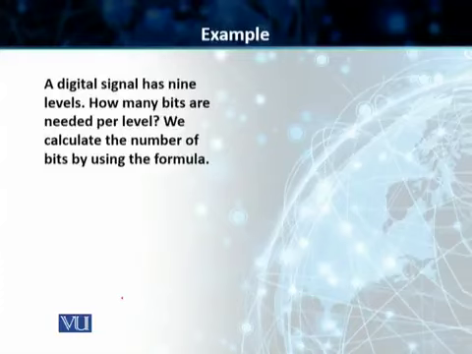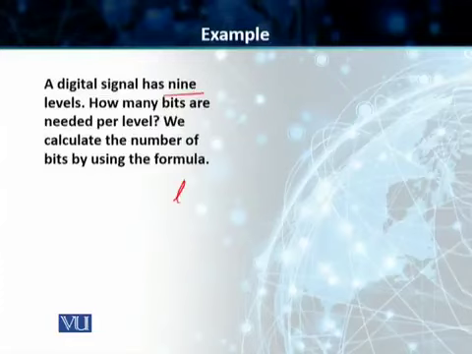Students, next example. In this case, we are actually going to clarify two major points when you are calculating the number of bits given the levels. In this particular digital signal, we have got 9 levels, as you can see. And the question is, how many bits are needed per level once again?